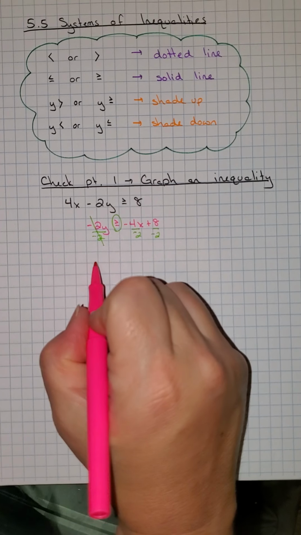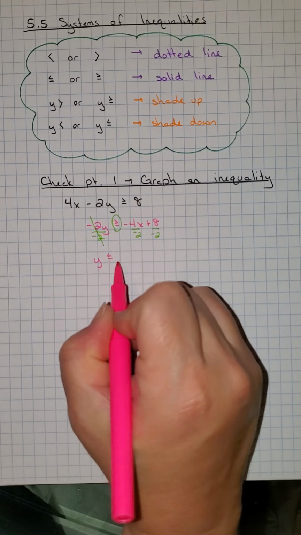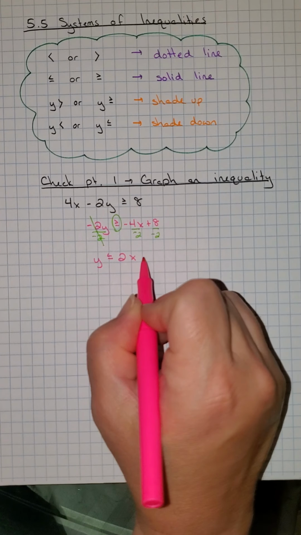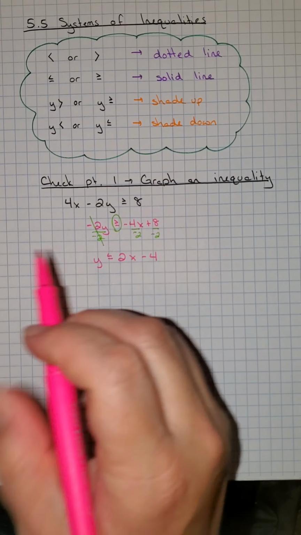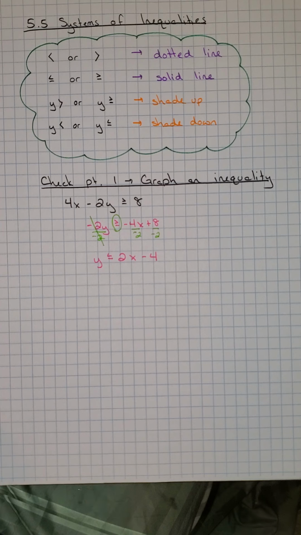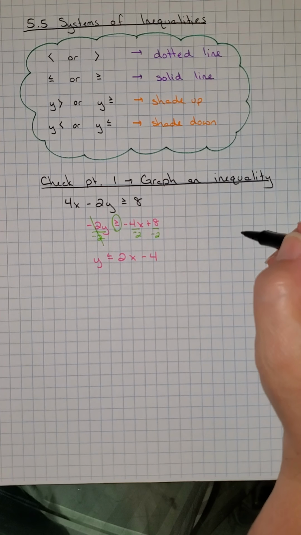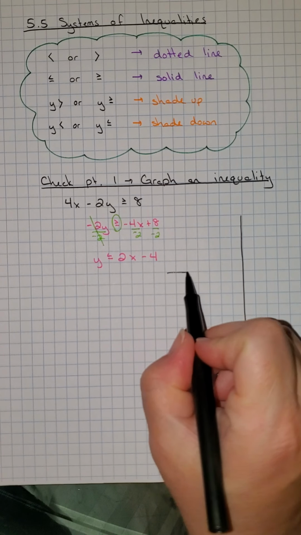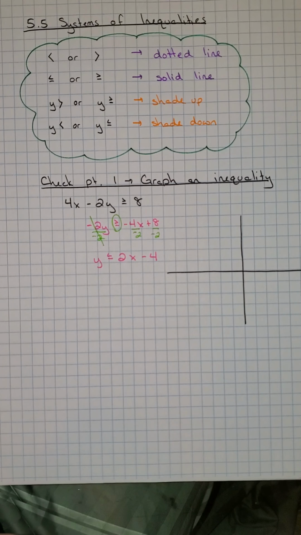So what we actually have here is y is less than or equal to, negative divided by negative is a positive, 2x. 8 divided by negative 2 is negative 4. So we are going to graph that. So we start at negative 4.